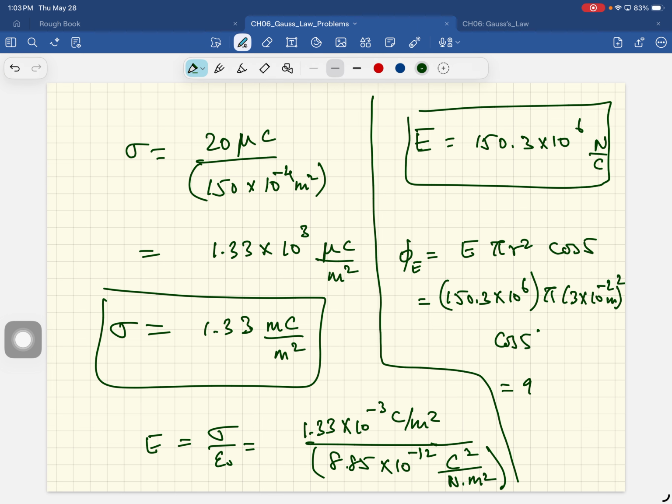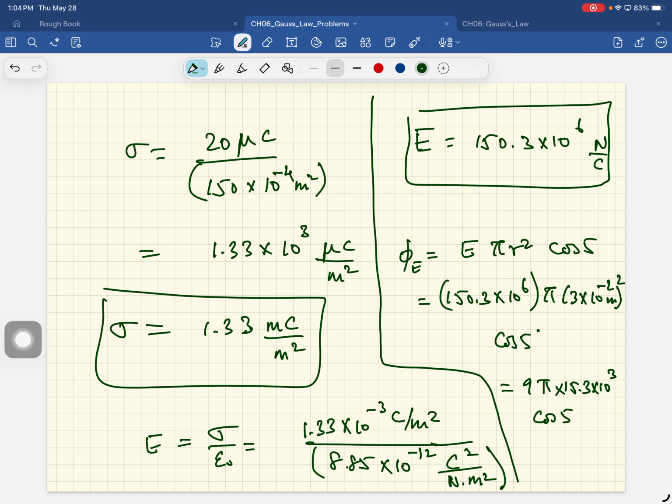Okay. When will the charge be right in the center of the cube? So the total flux is that. If I told you that the flux through this face is 0.2 times 10 to the 3 newton meter squared per coulomb, can you tell me where the charge is?